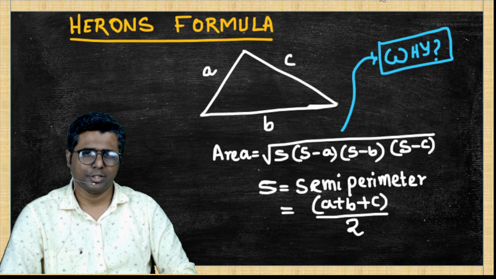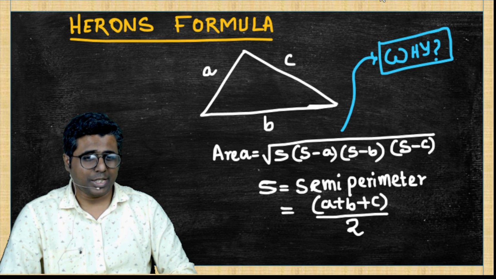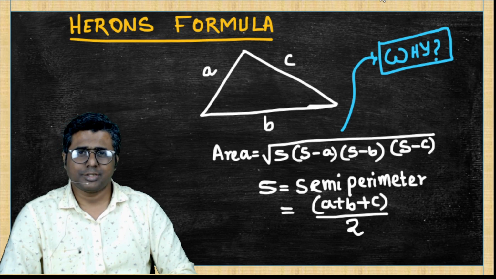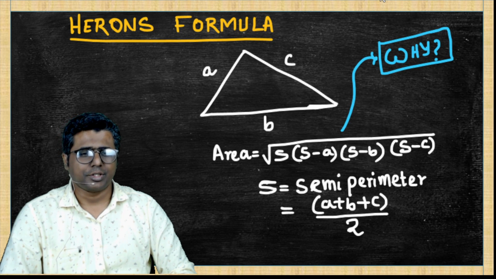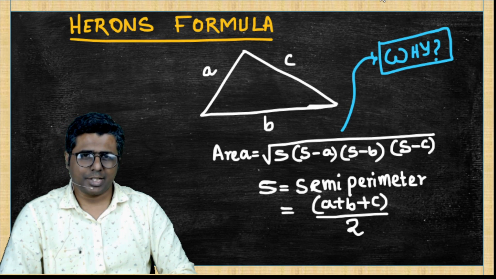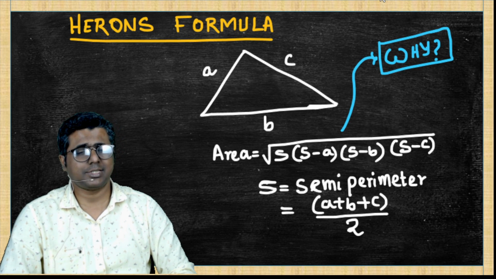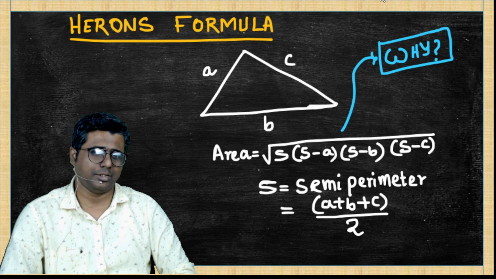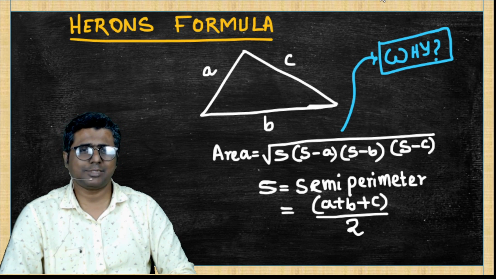So that formula is nothing other than the one written on your board: the area is the square root of s into s minus a into s minus b into s minus c, where a, b, c are the sides of the triangle and s is called the semi-perimeter. What is perimeter?